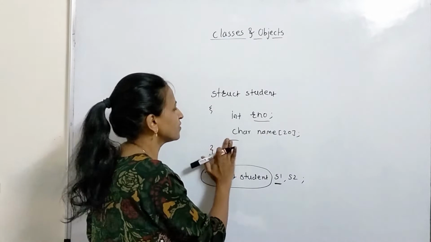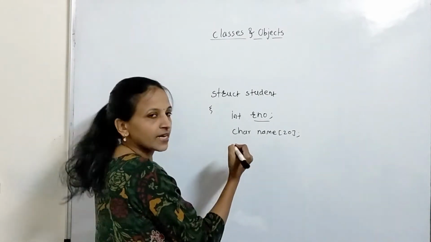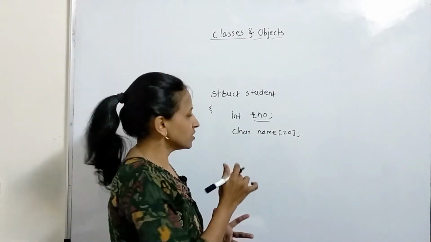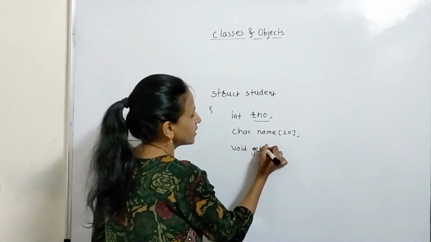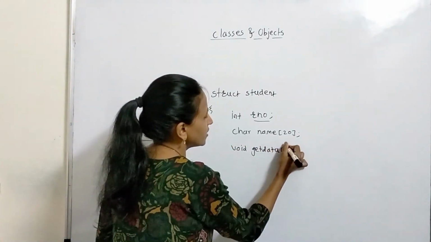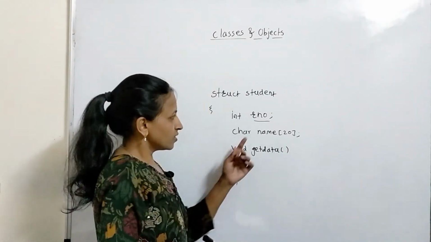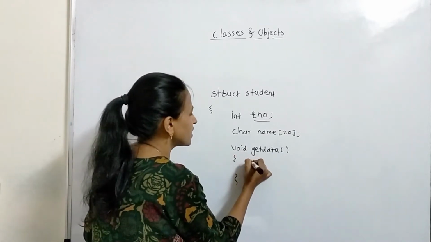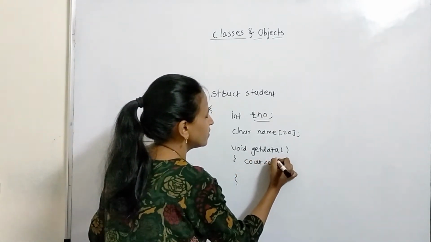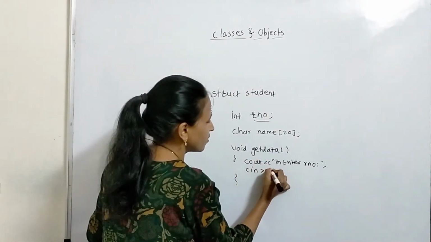Now how to write that functionality? See, here we will write like this, get data. Okay, this type of function I want to write. I will write like this, void get data, and here we can accept the roll number and name. Okay, here we will just write cout enter roll number, then cin RNO.